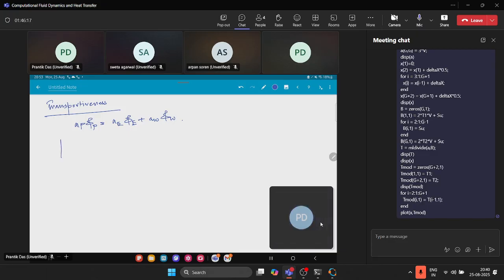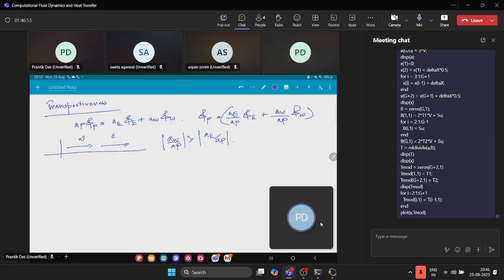And the flow is basically happening from west to east, that is from left to right. Then your phi P actually becomes AE by AP phi E plus AW by AP phi W. Since the flow actually happens from west to east, ideally AW by AP should be greater than AE by AP.